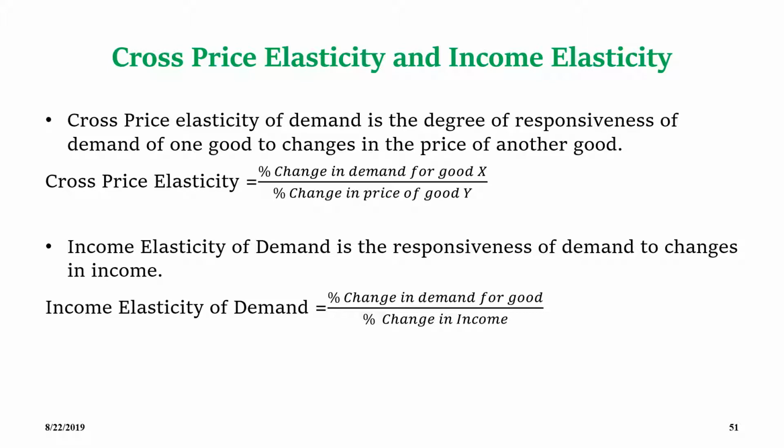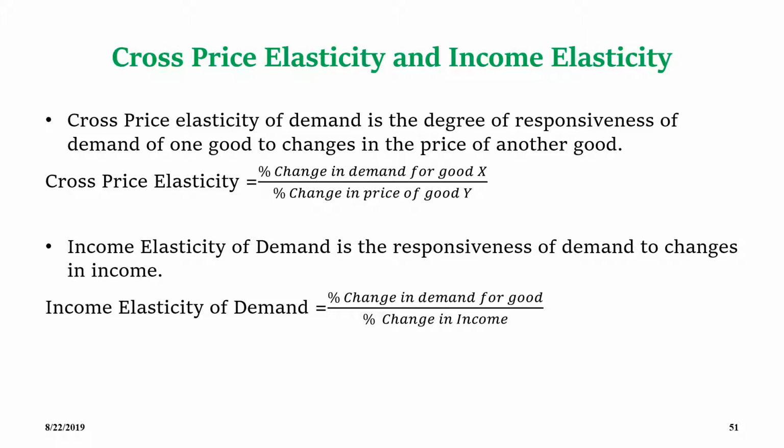Please note this one. The cross price elasticity of demand for complementary goods is negative because if the price of the related product increases, we expect the demand for the complement to fall. That is why it is negative. For substitute goods, it is positive.